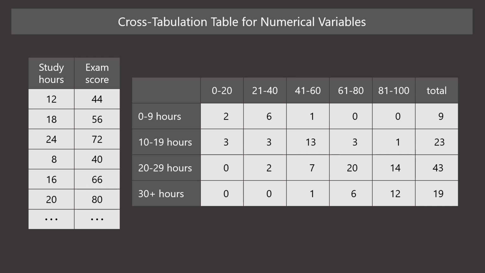If we want to display the relationship between study hours and the distribution of exam score, we can divide those variables into classes with appropriate widths and set them as a row and a column. When we assume a causal relationship between the variables, we usually put the predictors in the rows and the outcomes in the columns, respectively.